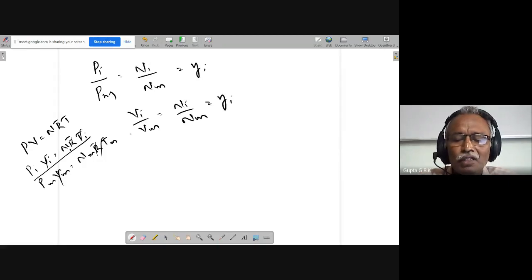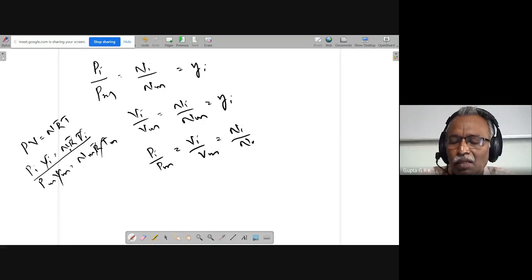So the volume fraction and pressure fraction are equal to the mole fraction. Pi by Pm is equal to Vi by Vm is equal to Ni by Nm is equal to yi.